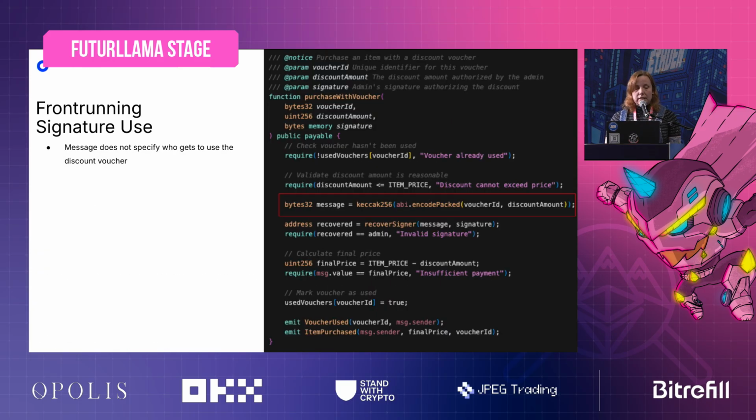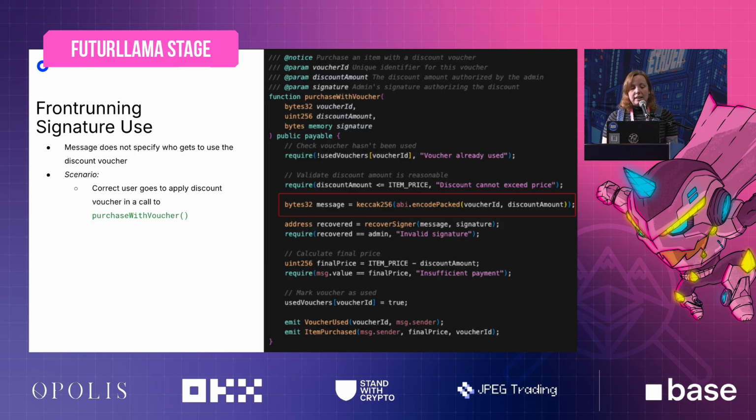One other thing to consider as far as a replay thing is to include who the signature is intended for. For instance, in this example here, we have a message composed of a voucher ID and a discount amount. And let's say that in a scenario, we have a user that goes to apply this discount voucher that is legitimately supposed to be using this.